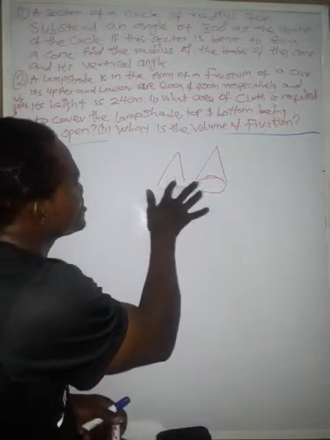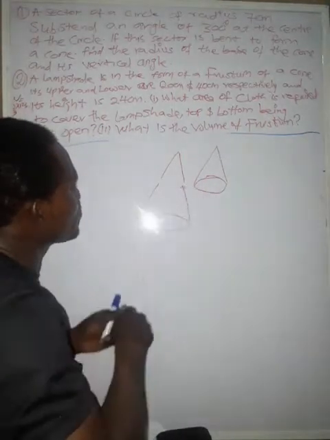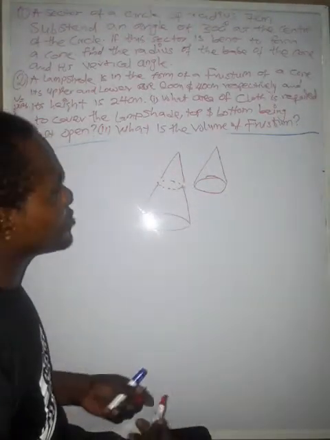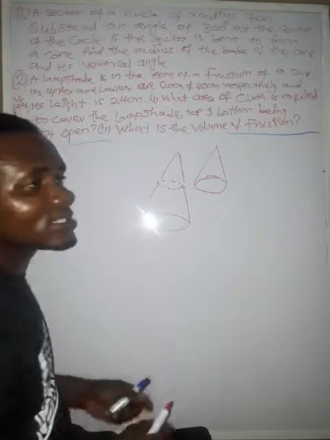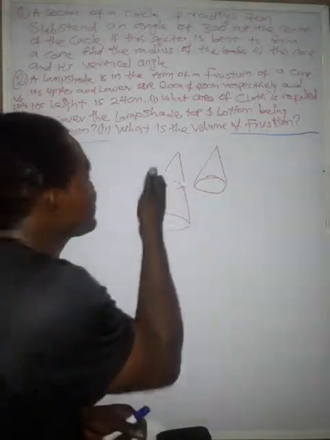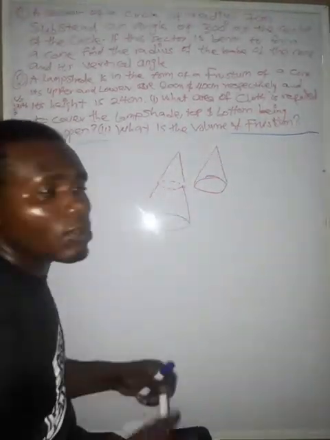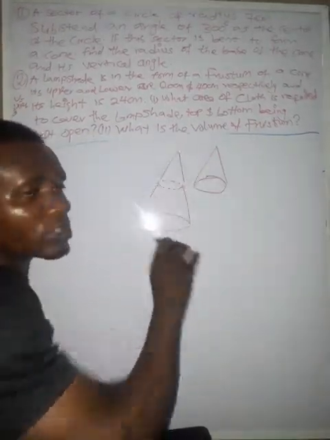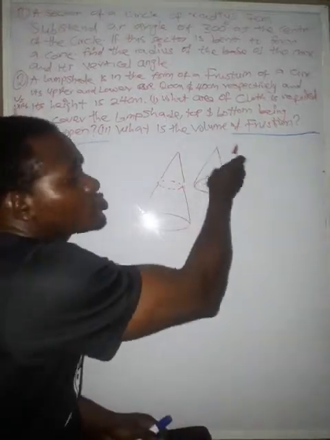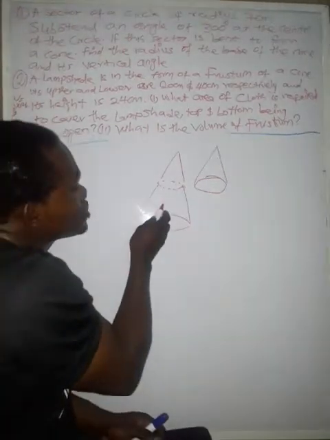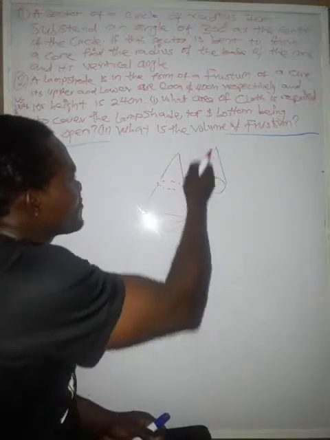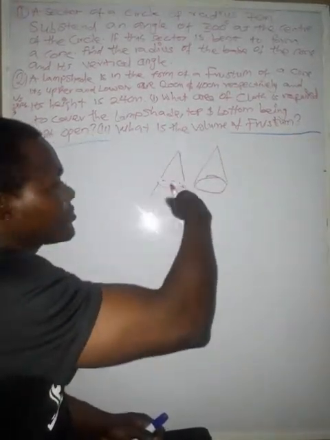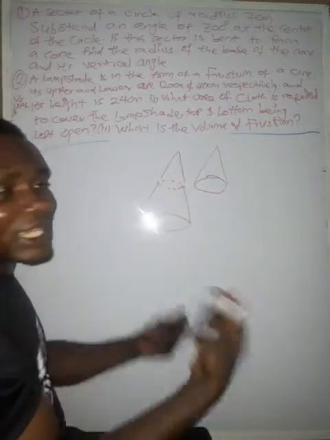From here downward is the frustum of a cone. And this part that you added is this. And they will now be asking you, what is the volume of this? What is the area of this? What will I do? The one I added, I will treat this one as a cone. Then treat this one as a separate cone. For me to now know this one, whatever I get here, I will now be subtracting it from the total value I have here. So that's how to deal with it.